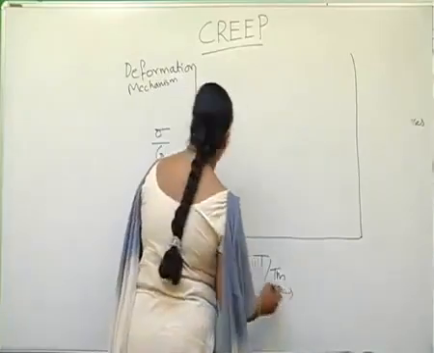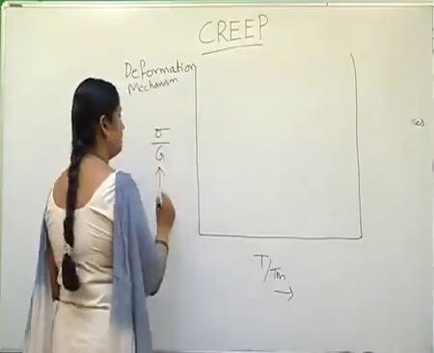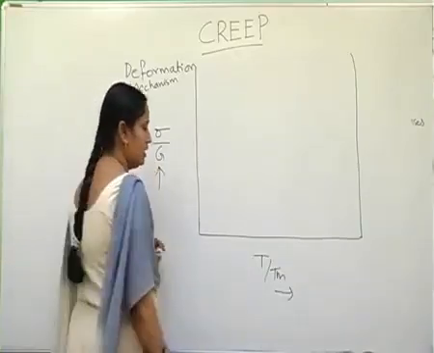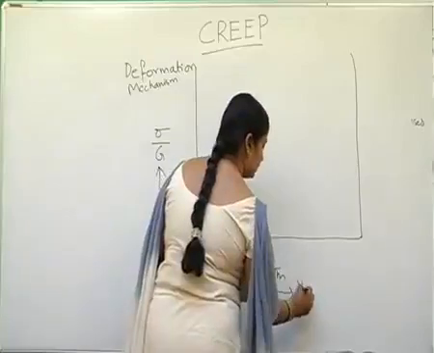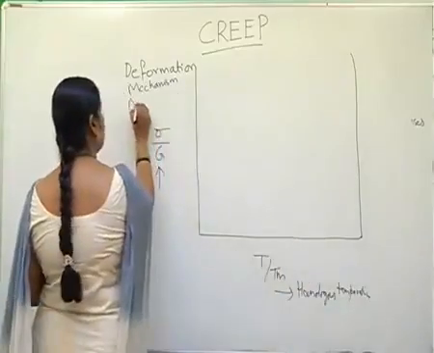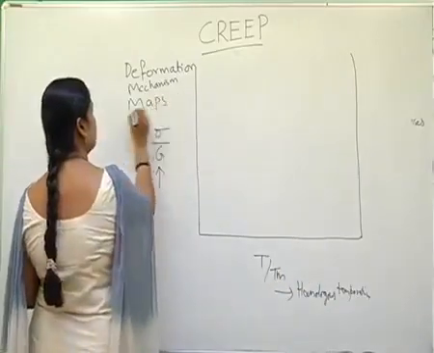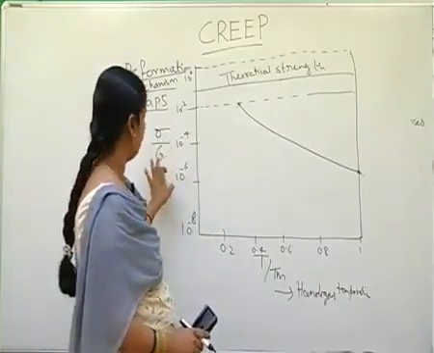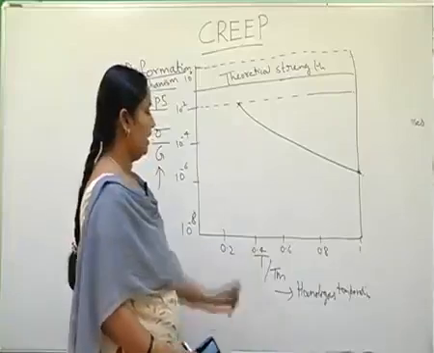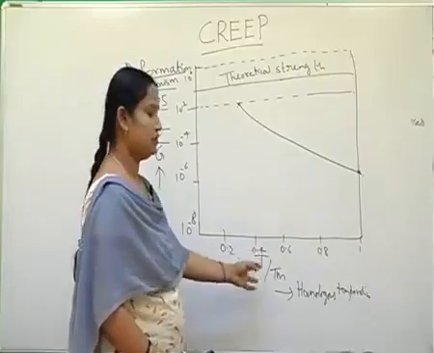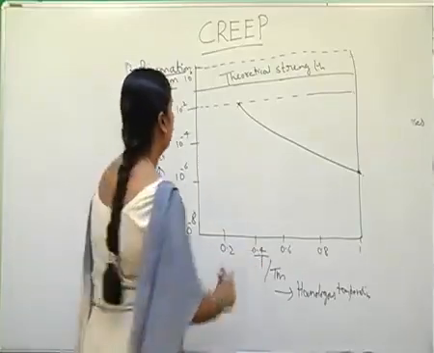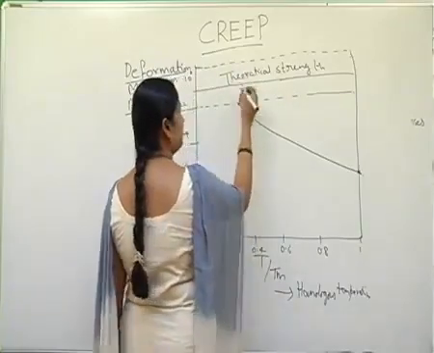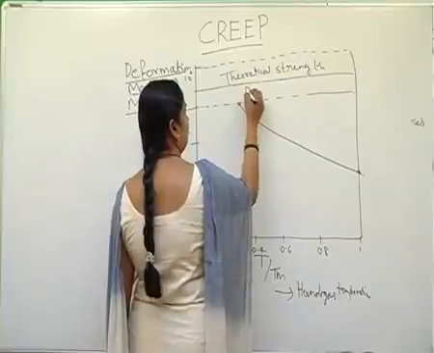So the two axes are stress normalized by modulus and homologous temperature. This is the theoretical strength, above which, at very high stresses, we have dislocation glide.